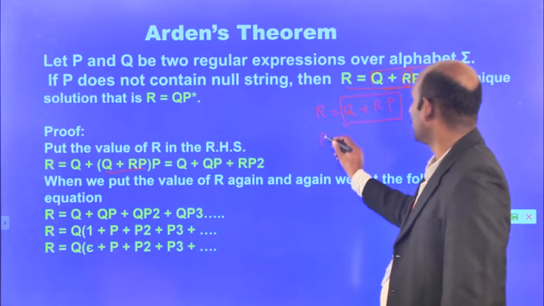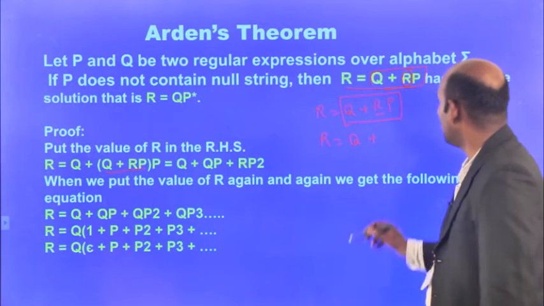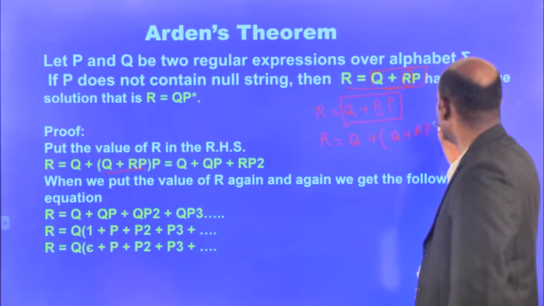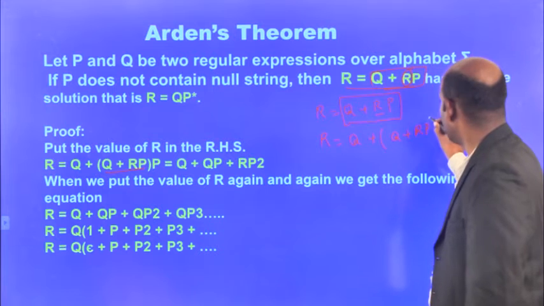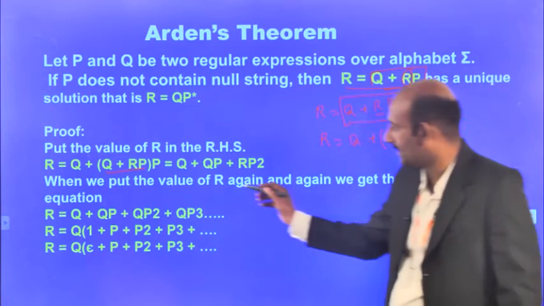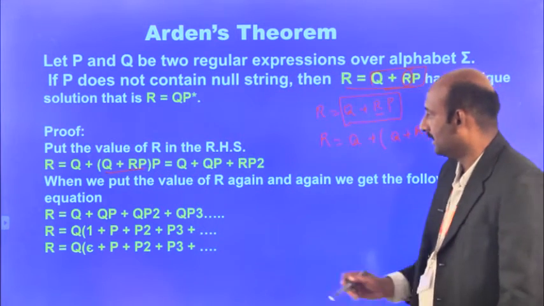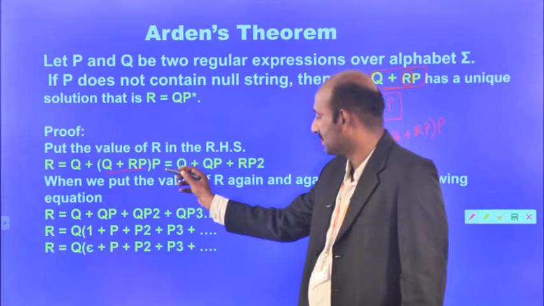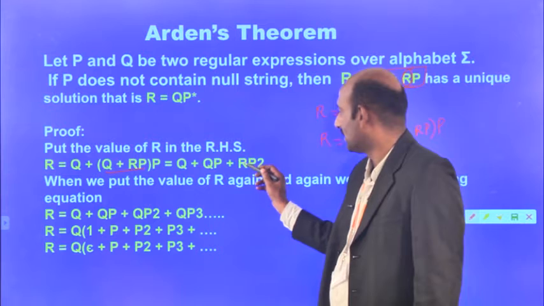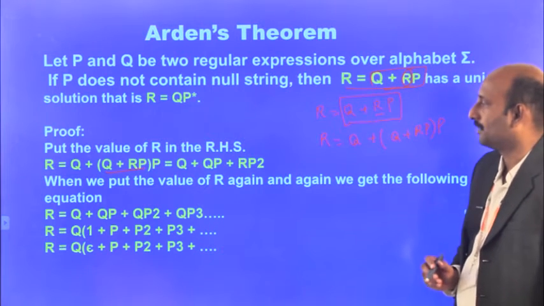So we substitute for R: Q plus RP, followed by P. So it is written like that: Q plus QP plus RP squared, where P comes two times, called RP squared.